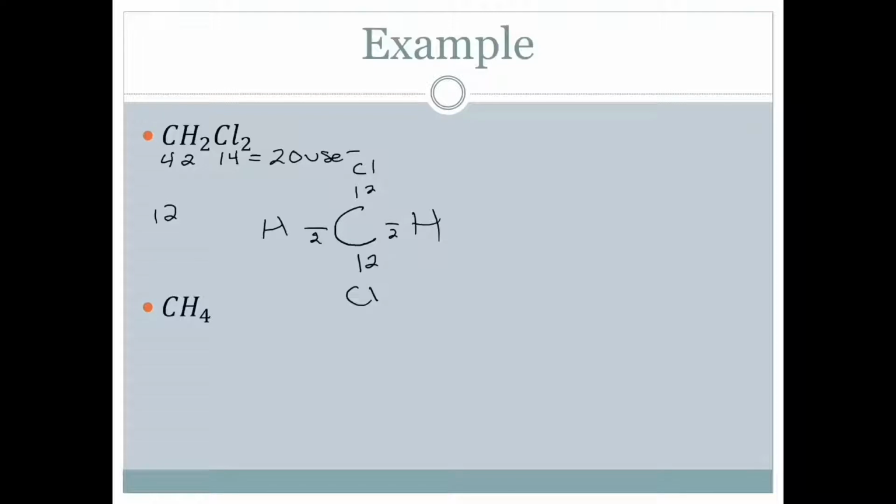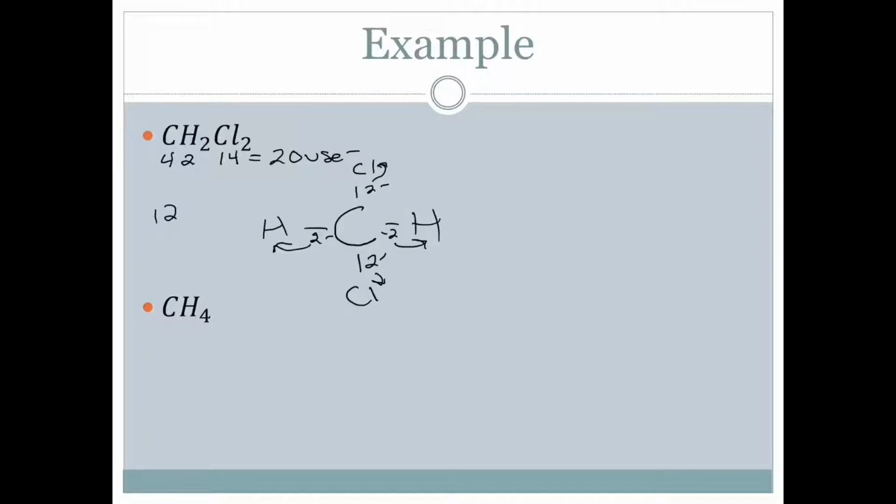Well, what atoms still need 8 electrons? Hydrogens, both of them have their 2. Carbon has 2, 4, 6, 8, so carbon's good. But this chlorine has 2, and this chlorine has 2. Well, how do we complete their octets?